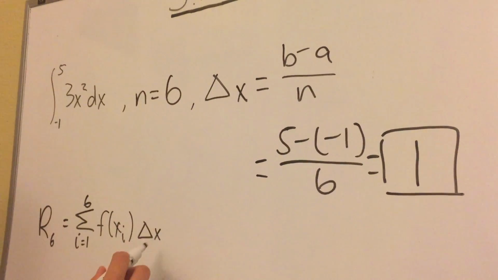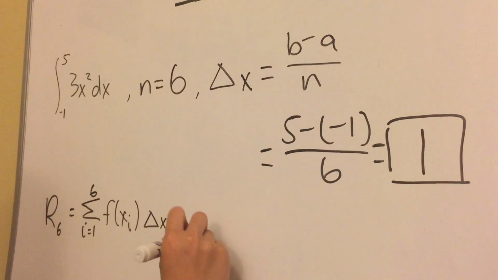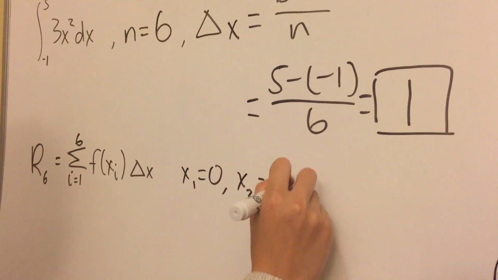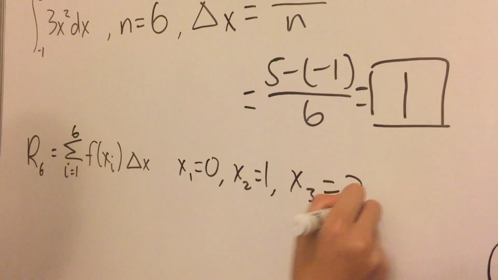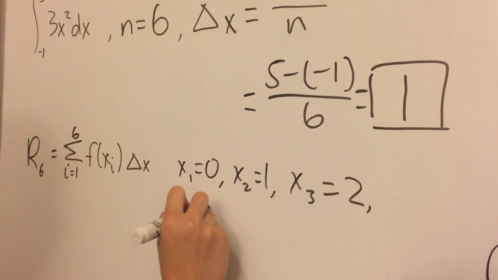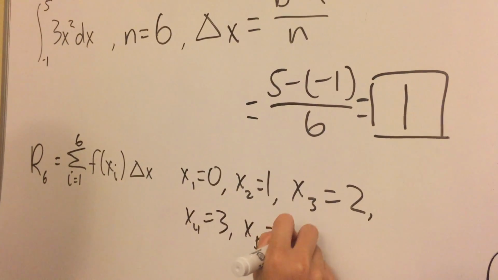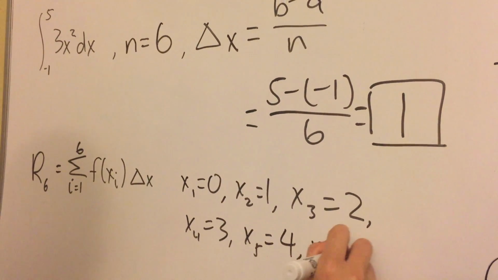Since our change in x is 1, x1 equals 0, x2 equals 1, x3 equals 2, x4 equals 3, x5 equals 4, and x6 equals 5.